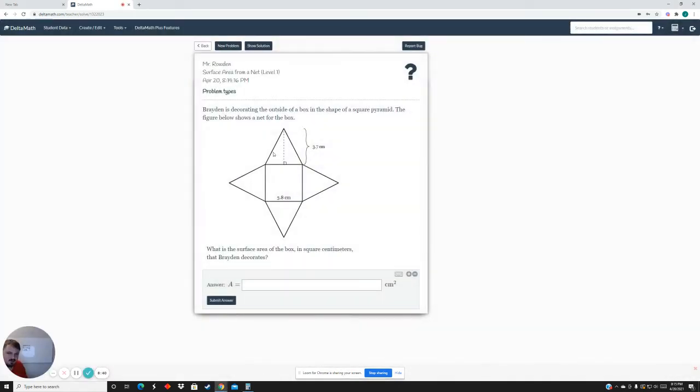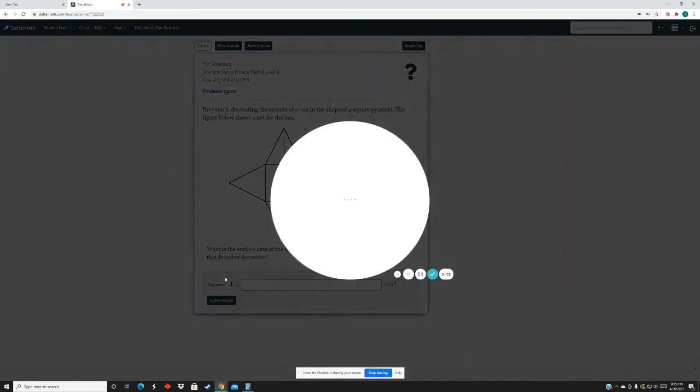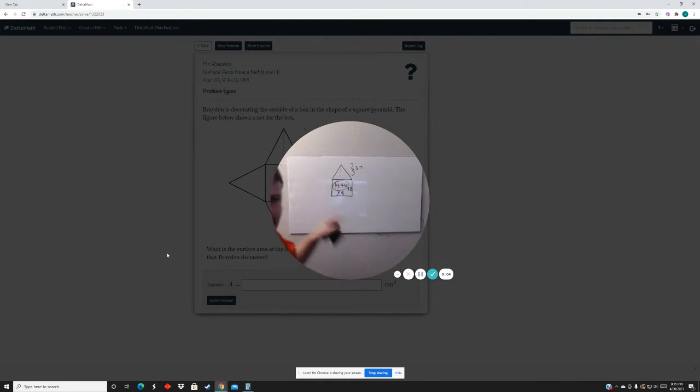And then right here, we have a triangle, and they made it clear that they're talking about the height of the triangle, not one of these sides. And the height is 3.7. And if the height right here is 3.7, and we know all the sides are 3.8, this side over here is also going to be 3.8.